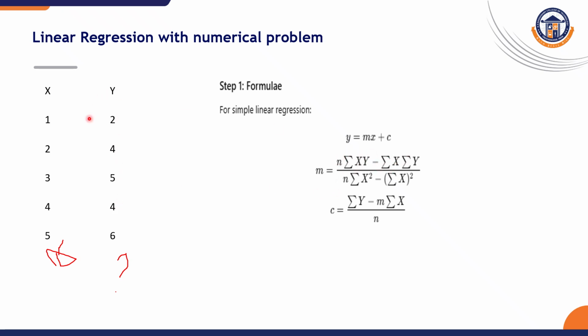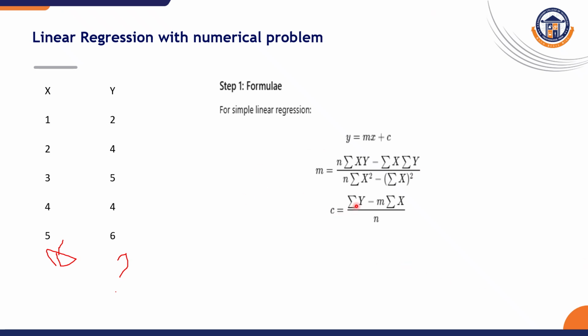Then minus the summation of x, 1 plus 2 plus 3 plus 4 plus 5, multiplied by the summation of y, 2 plus 4 plus 5 plus 4 plus 6. This is divided by n into the summation of x square, 1 square, 2 square and so on, minus the square of the summed x values.